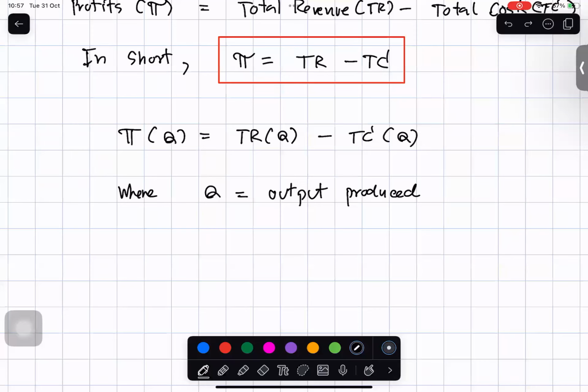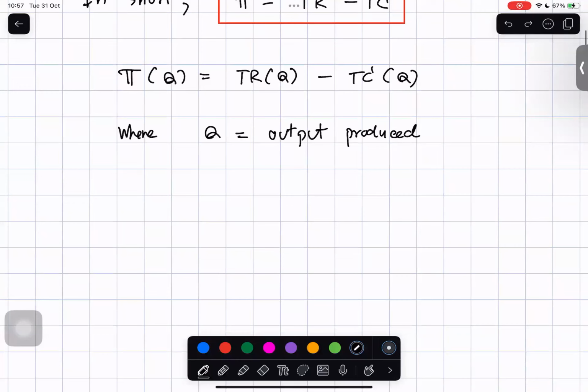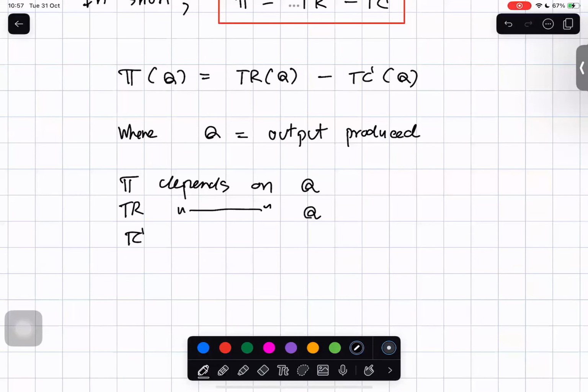Revenue depends on output. Total cost also depends on output. Profit depends on Q. TR depends on Q. Total cost also depends on Q.